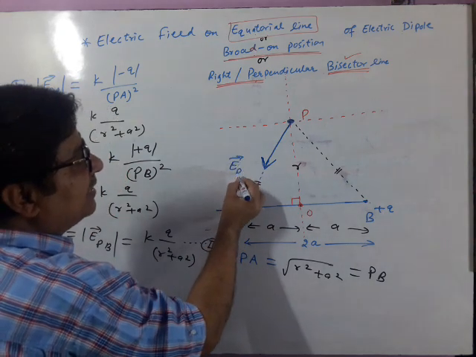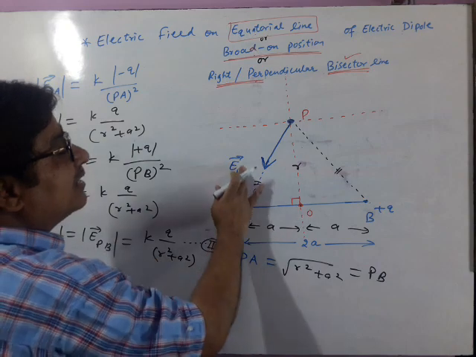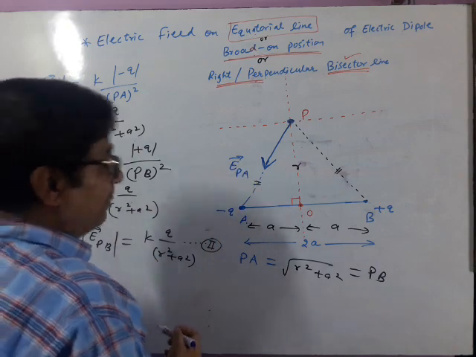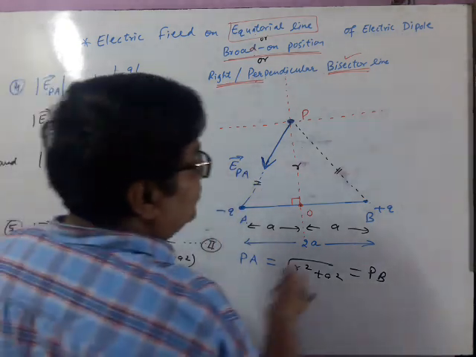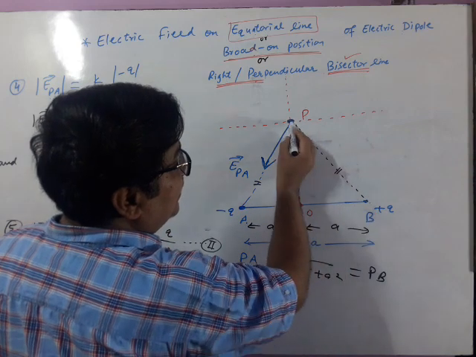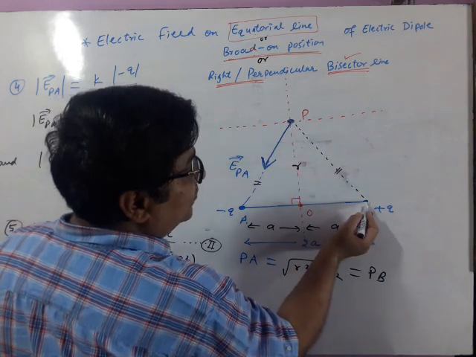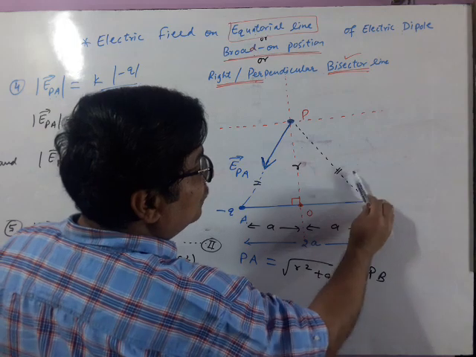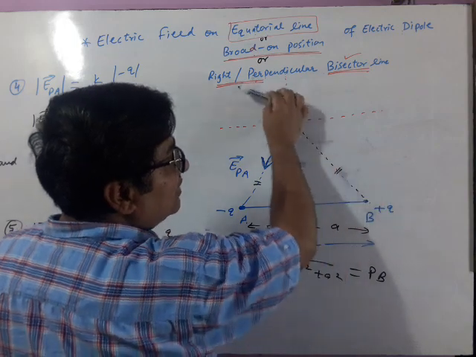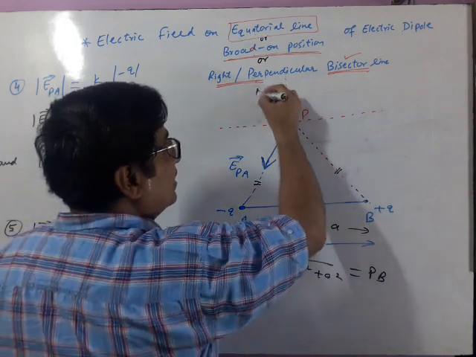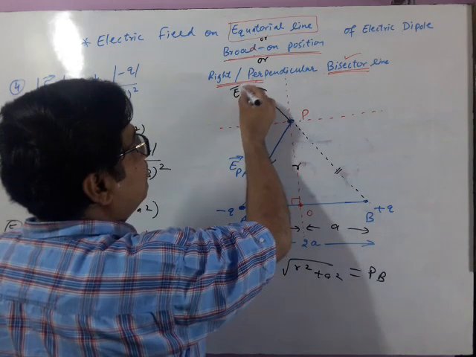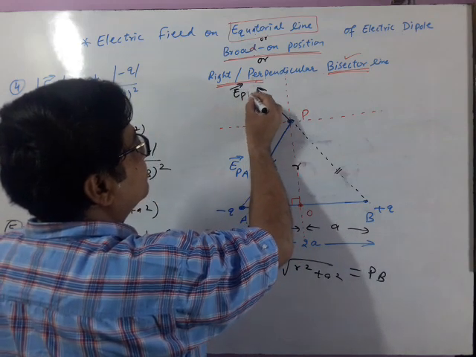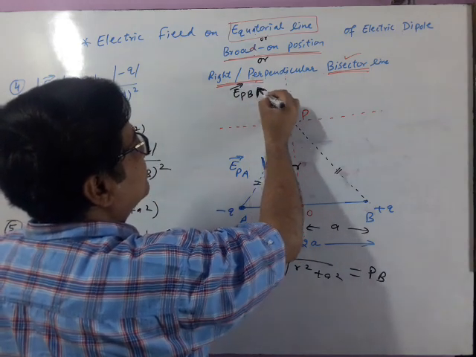This is EPA vector, radially inwards. And for this positive charge, electric field direction at P due to plus q charge placed at B is radially outward along the line joining. So this is the direction, EPB vector.